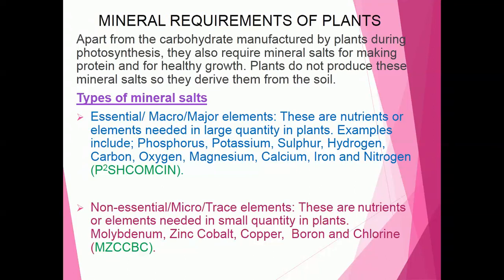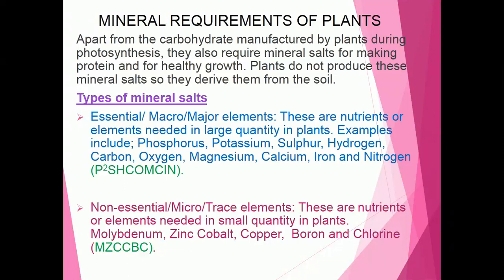I have an acronym for it. P-Square sold 100 copies of musical cassettes in Nigeria. That will help us to quickly remember these elements: phosphorus, potassium, sulfur, hydrogen, carbon, oxygen, magnesium, calcium, iron, and nitrogen.